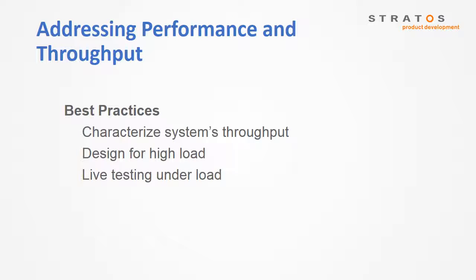If the system's required throughput had been characterized early on, if the system had been designed for peak loads, if real load tests had been run, it's very likely that the need for load balancing would have been identified up front.